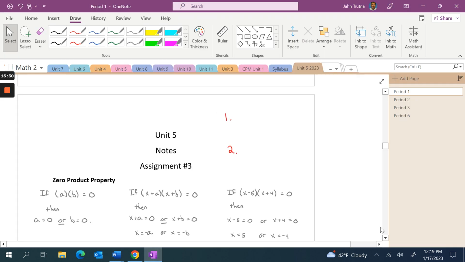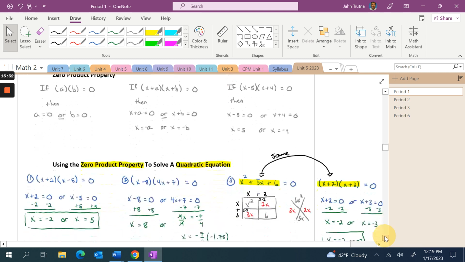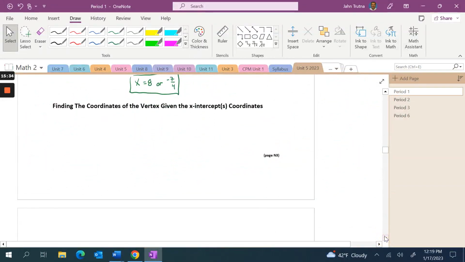Okay? All right, the last part of your notes here. Finding the coordinates of the vertex given the x-intercepts coordinates.